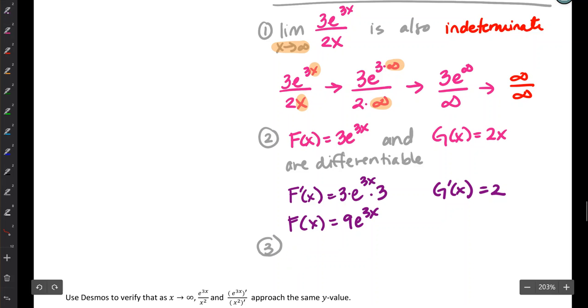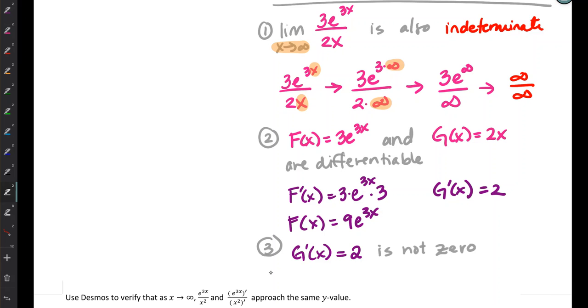And so by 1, 2, and 3, we can use L'Hopital's rule again.